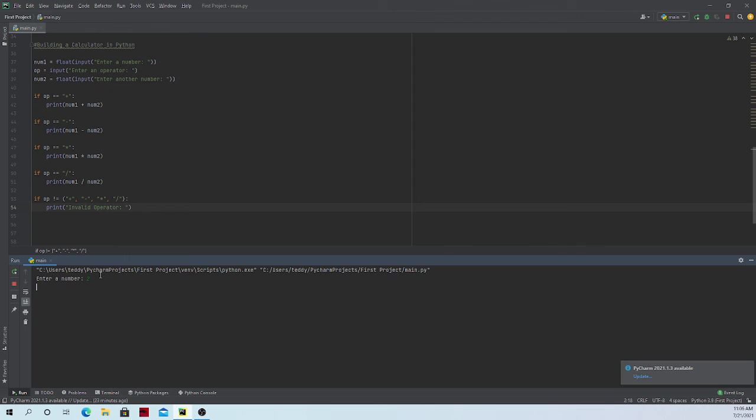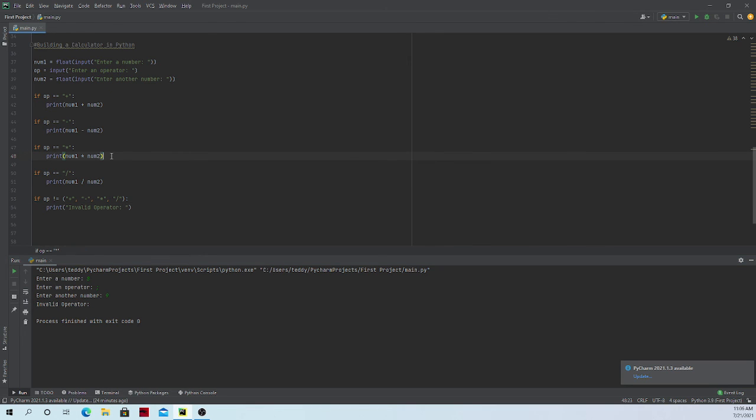So enter a number, 2 plus 4.7, 6.7. See? Enter a number, 8, but now let's use an odd operator, semicolon 9, invalid operator.